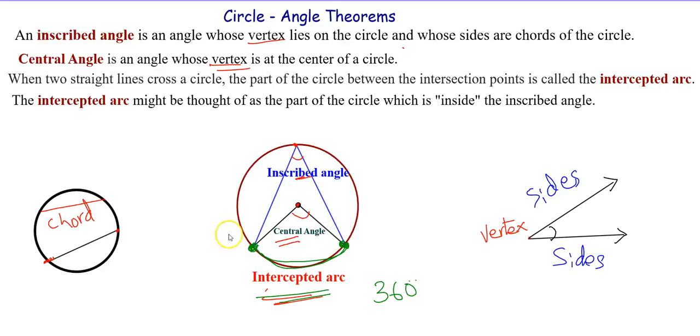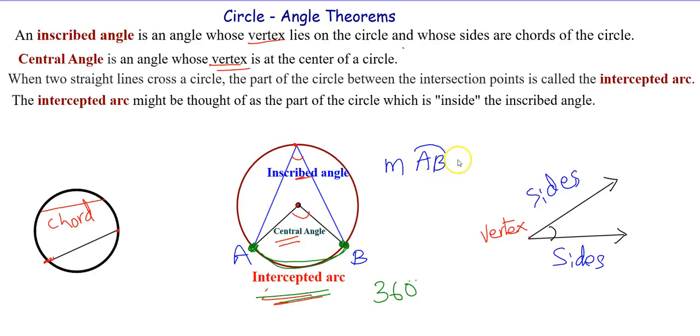For example, if I call this arc AB, to represent the measure of this arc AB, I have to write measure of AB, and because it is an arc, above that AB I have to draw a curved line. Please remember that I have to put a curved line to give the measure of an arc.